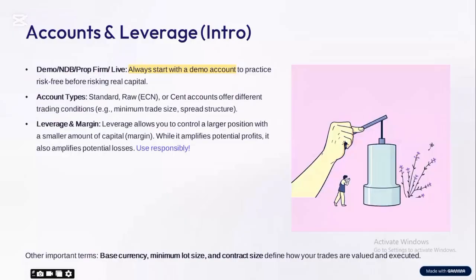We have 1:1, 1:2, 1:10, 1:50, 1:100, 1:200, 1:500, 1:1000, 1:2000, unlimited, depending on the kind of broker you're trading with. And I believe most prop firms do 1:100. Some do 1:50, depending on the firm.